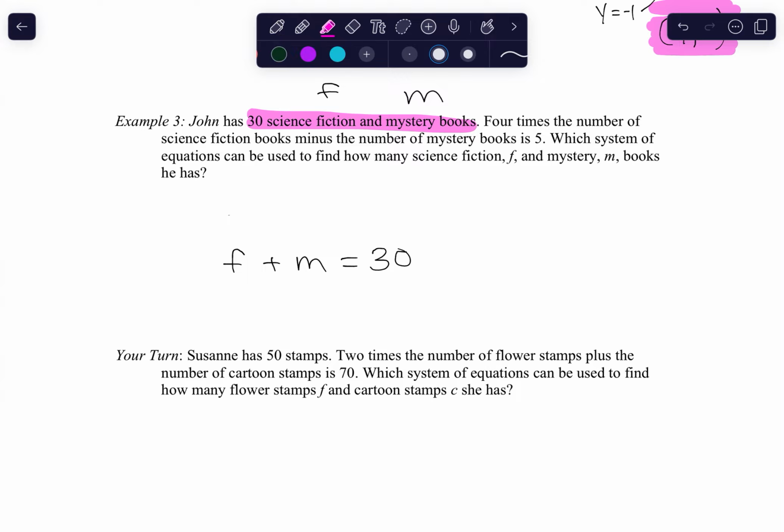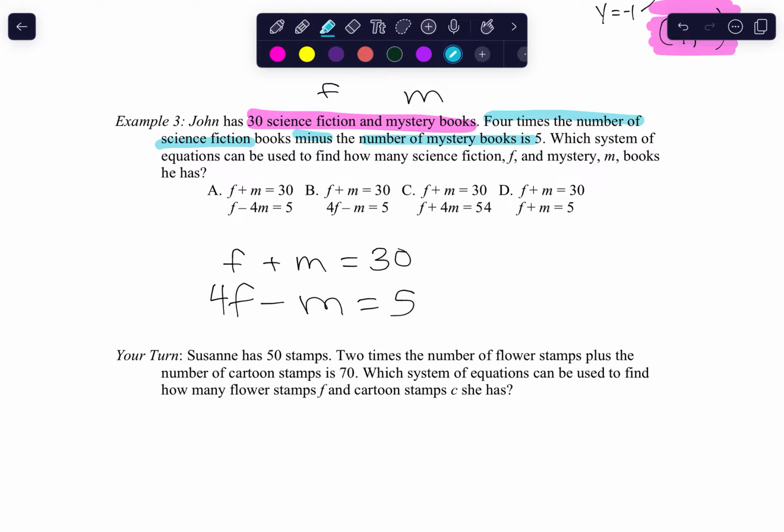The next equation, it says 4 times the number of science fiction books. So 4F minus the number of mystery books. So minus mystery is 5. So that's equals 5. There's my 2 equations. So let's erase all that. All right, so A here, the top is right, but the bottom's wrong.